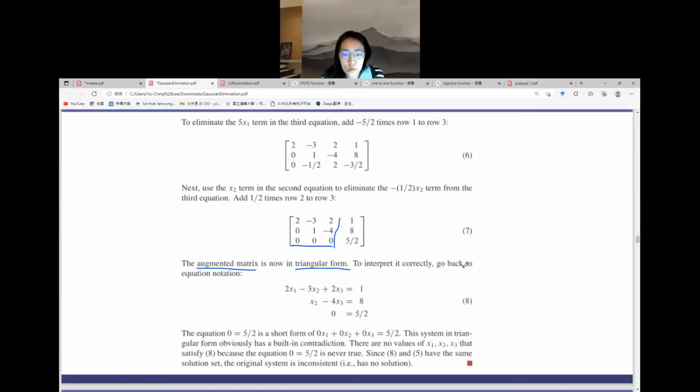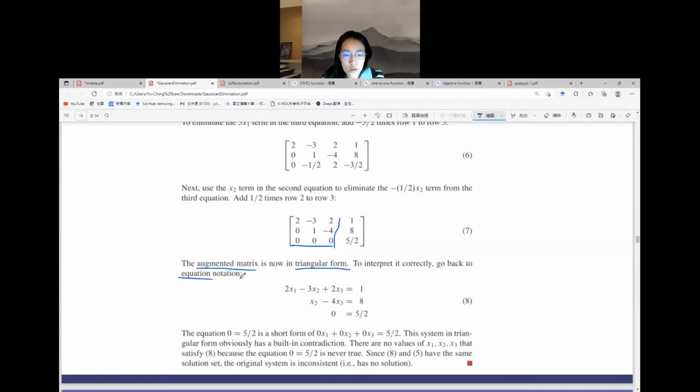However, if we write down the equation notations, we find out that the first row looks fine. I have 2x1 minus 3x2 plus 3x3 equals 1. And then the second line also looks fine, x2 minus 4x3 equals 8. But the last row looks awkward, because on the left-hand side I write 0, and on the right-hand side I write 5/2.